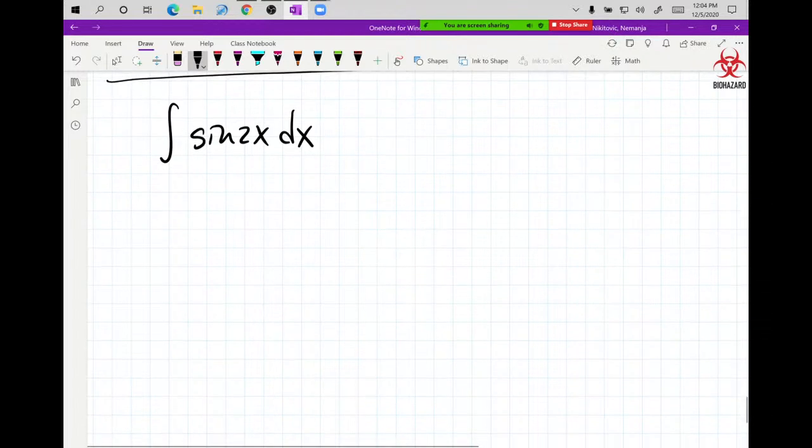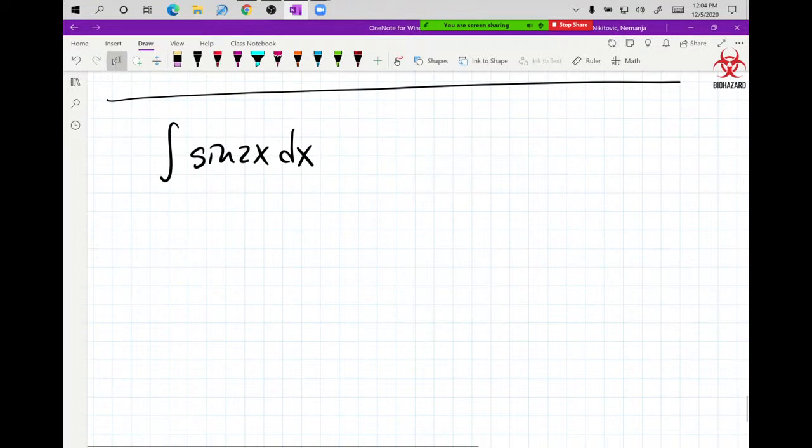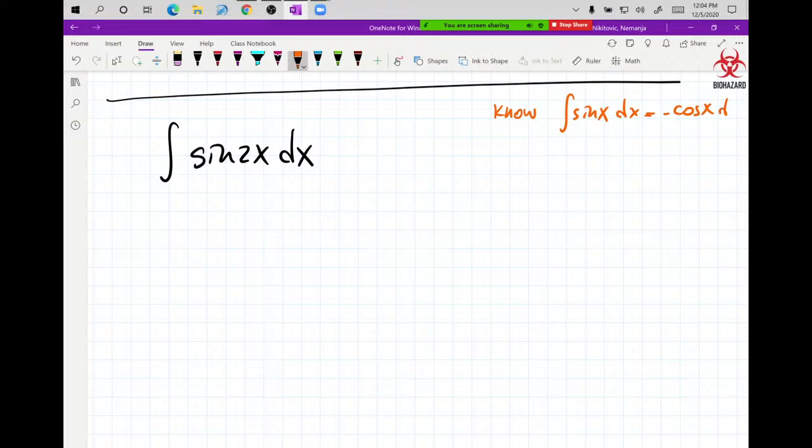And immediately we can use the I know, right, situation where you say, oh, the integral of sine x dx is negative cosine x plus c. And you immediately know that your u is supposed to be 2x and your du is 2 dx, and you have to fix that, and you are done.